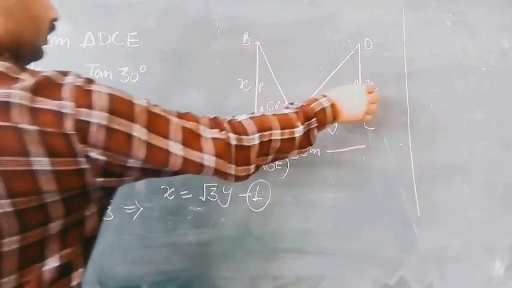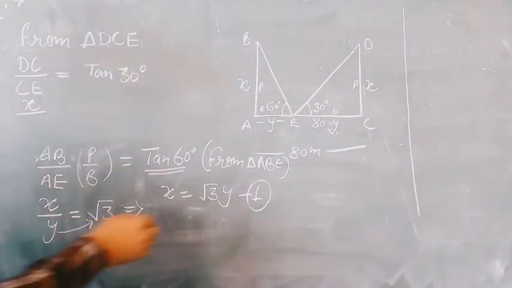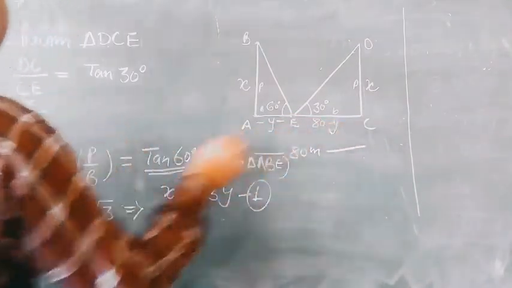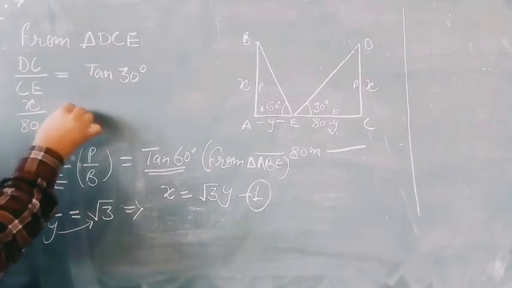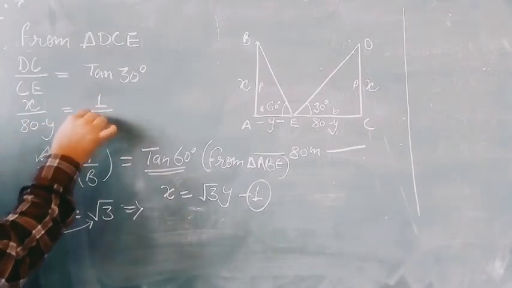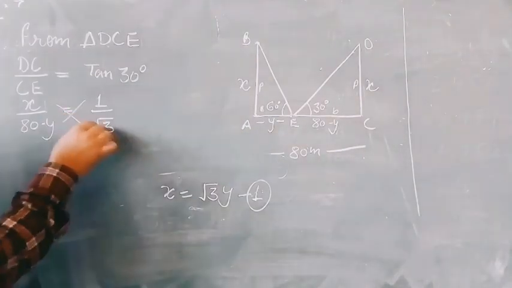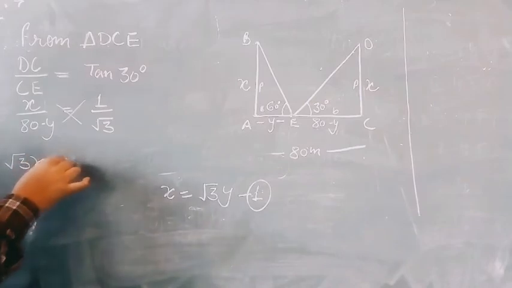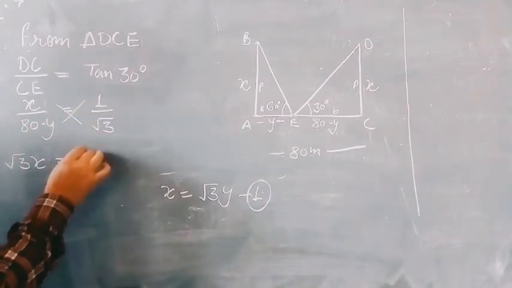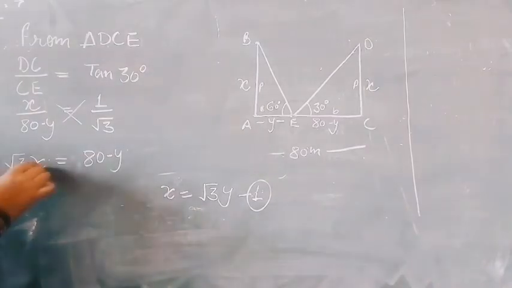Simplify it. We know DC is equal to x and CE is equal to 80 minus y, will be equal to tan 30, which is 1 upon square root of 3. Cross multiply, we got square root 3 x equals 80 minus y.